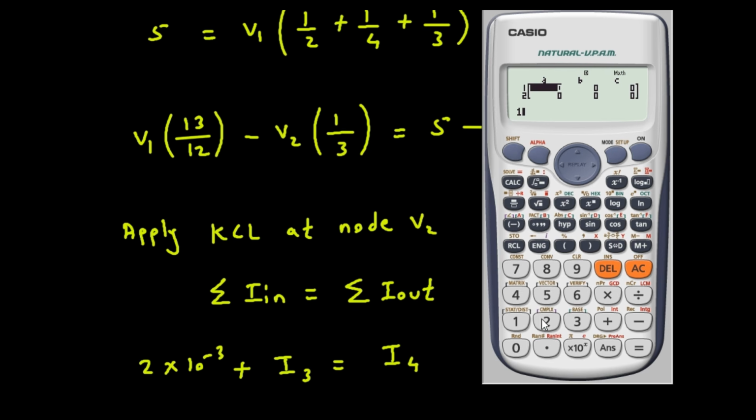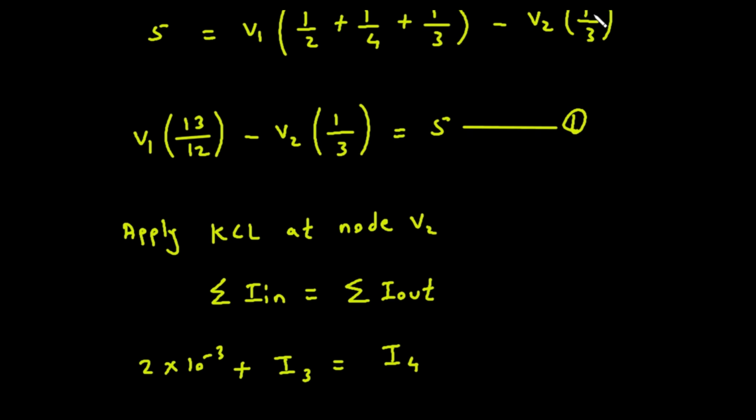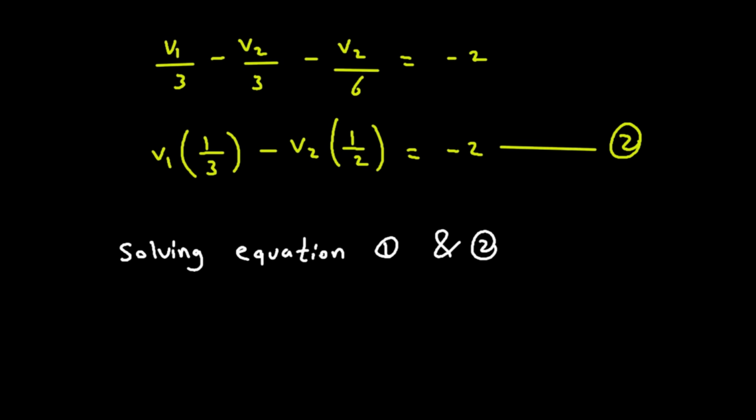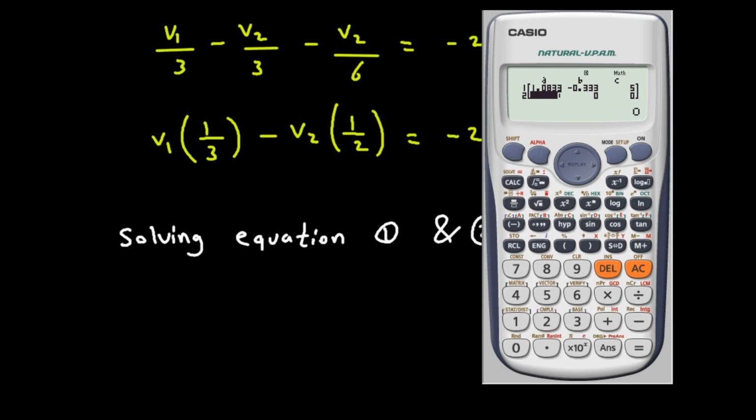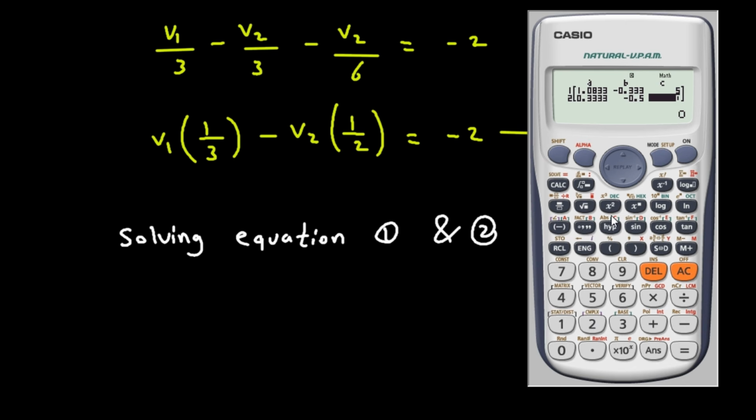So it will be 13 by 12, then minus 1 divided by 3, then here it is 5, then from equation 2 it is 1 by 3, then here it will be minus 1 divided by 2 and here it will be minus 2.